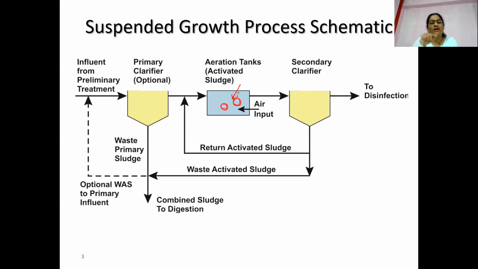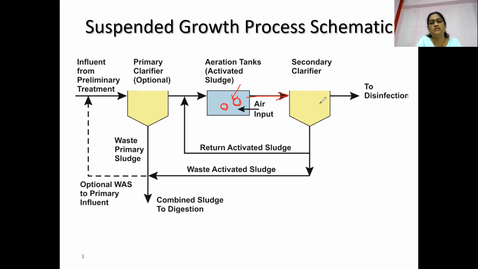After that aeration and suspension, the wastewater, along with the bacteria present in it and the material decomposed by the bacteria, along with this entire sludge matter, will be allowed to move in a forward direction into the secondary clarifier. So what happens in a secondary clarifier?